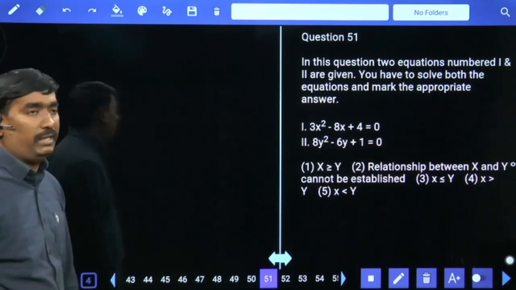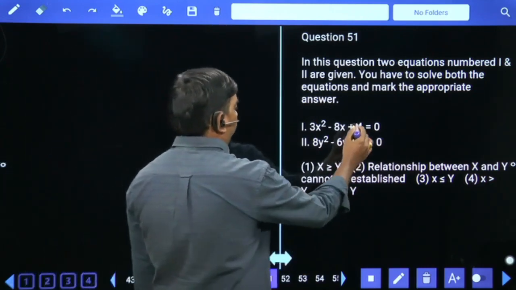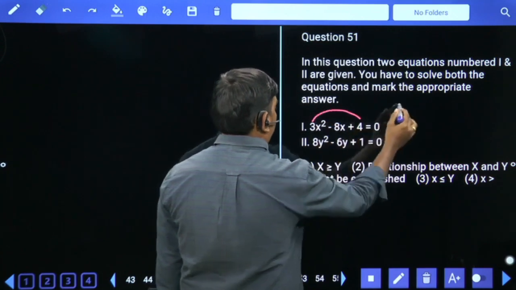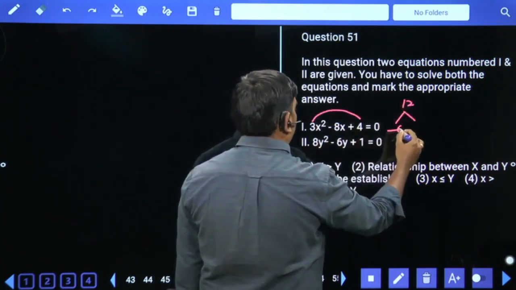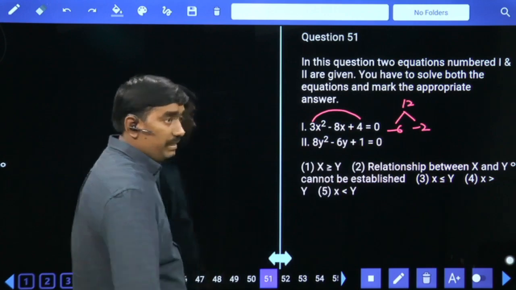Next. Quadratic equations. 4 3s are 12. 6 2s are 12. Minus 6 minus 2 will give us minus 8.